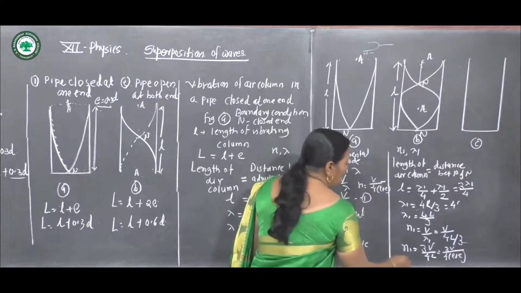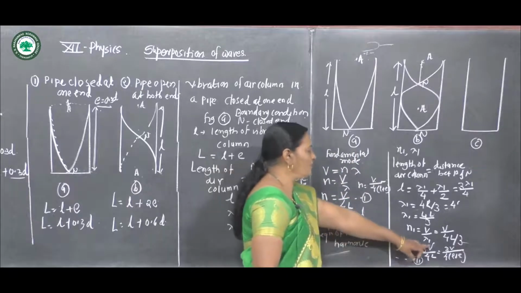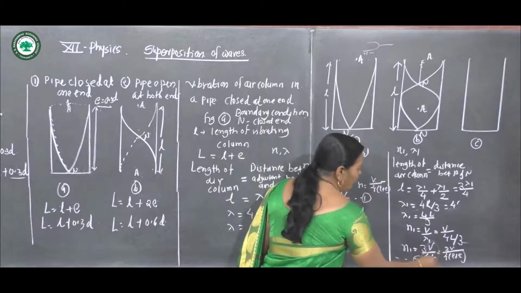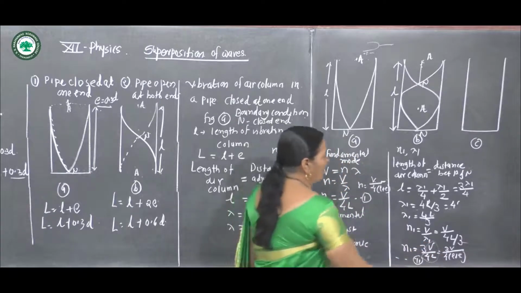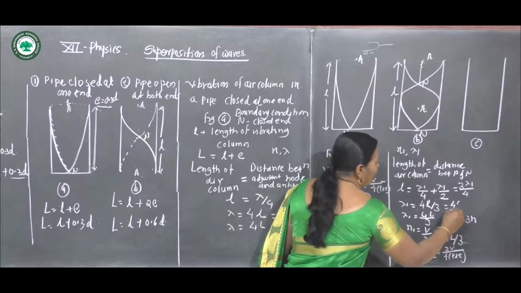Now this is equation number 2, that is n1 is equal to 3v divided by 4L. This value contains the fundamental frequency, that is n1 is equal to 3n.